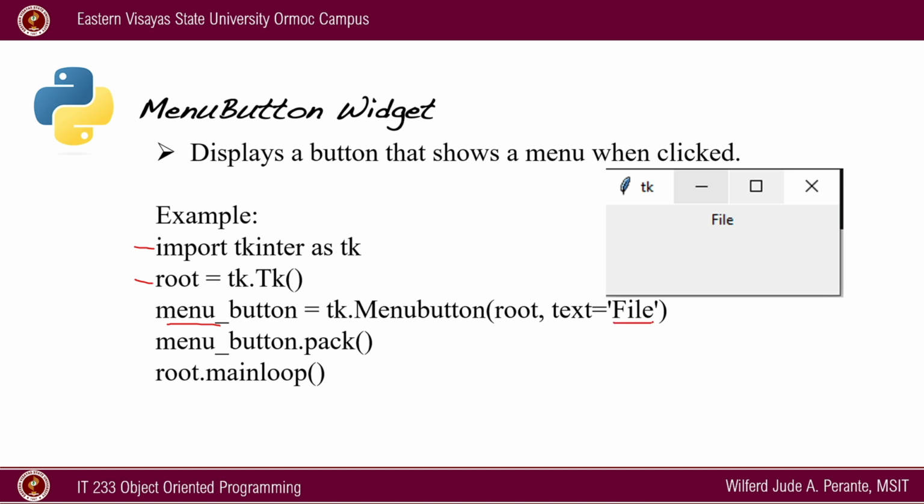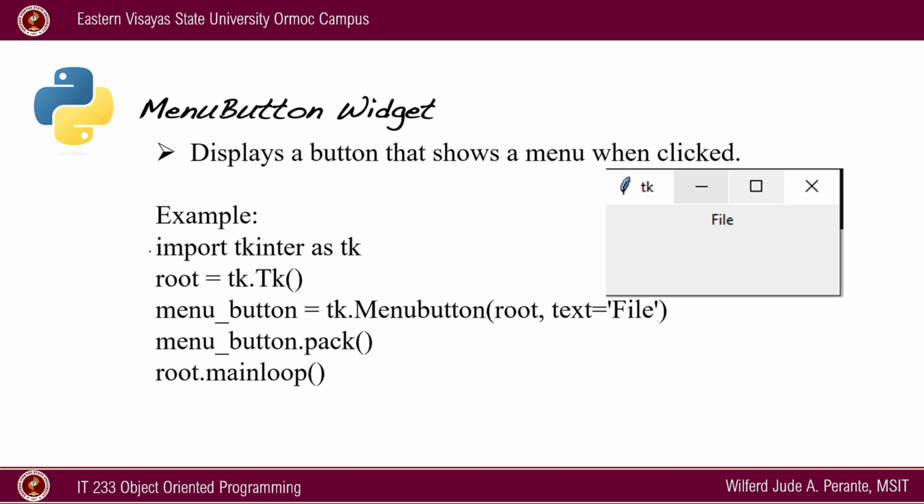So this button is designed to display a menu when being clicked, though no menu or options are attached in the basic example. Okay, so the menu widget is useful for implementing the drop-down style menus.